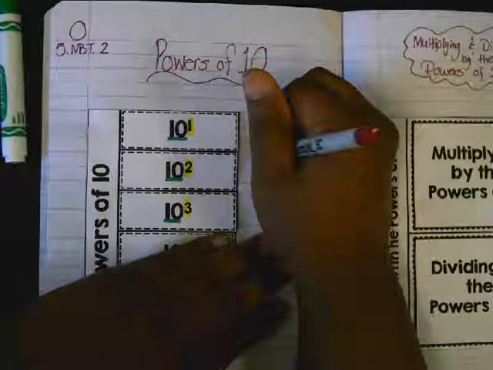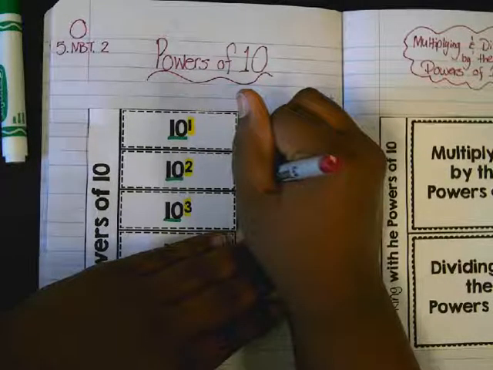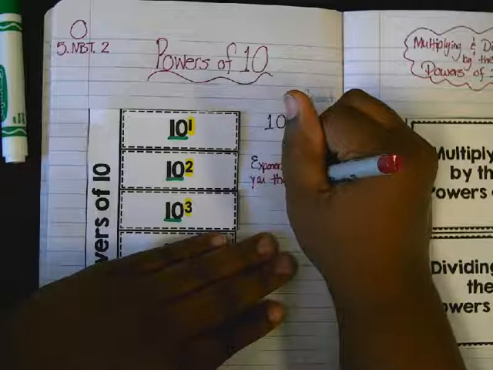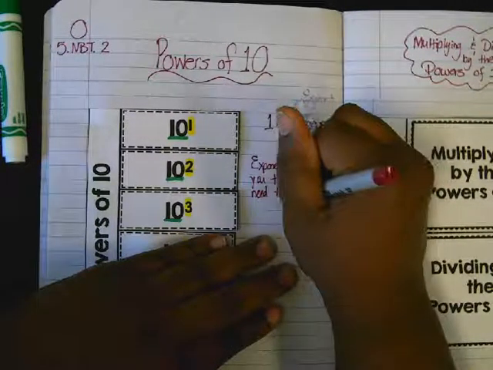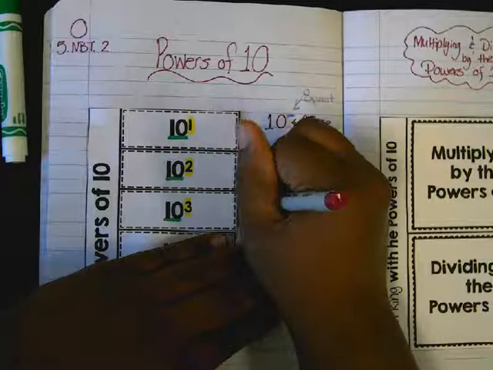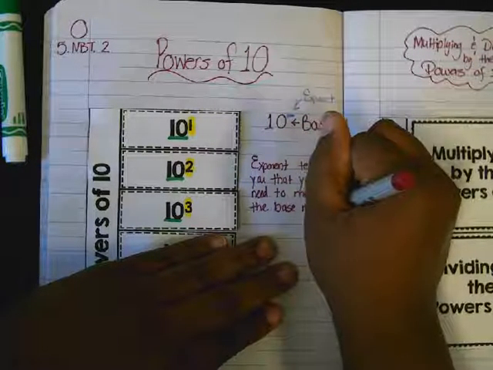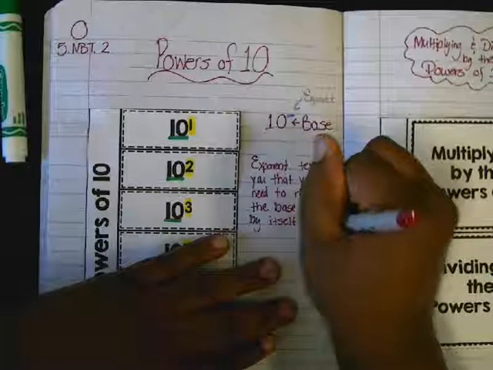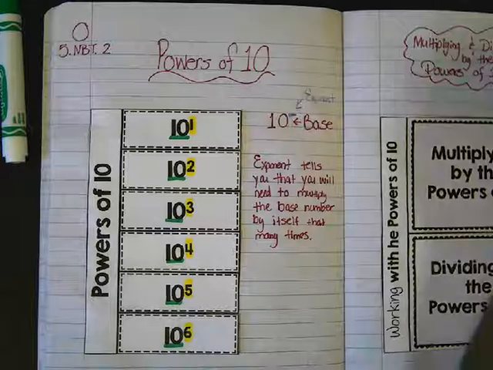In this case, the exponent tells you, yes you, the mathematician, that you will need to multiply the base number by itself that many times.